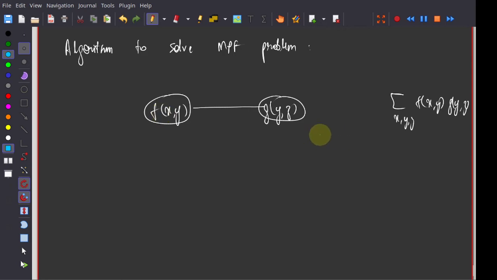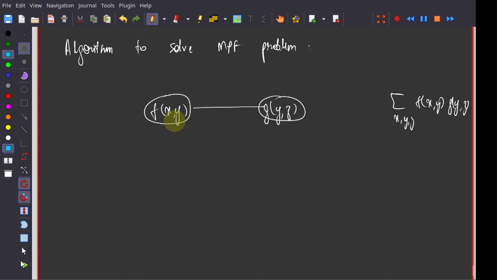One way to do it is you send the entire g of yz to this particular vertex x. This will be a vector containing g of yz for all possible y and z. You send it to this vertex, and this vertex multiplies it with f of xy, which it knows. Basically, it maintains a table, or a vector, of f of xy for all possible xy pairs. You can multiply the two together and compute.